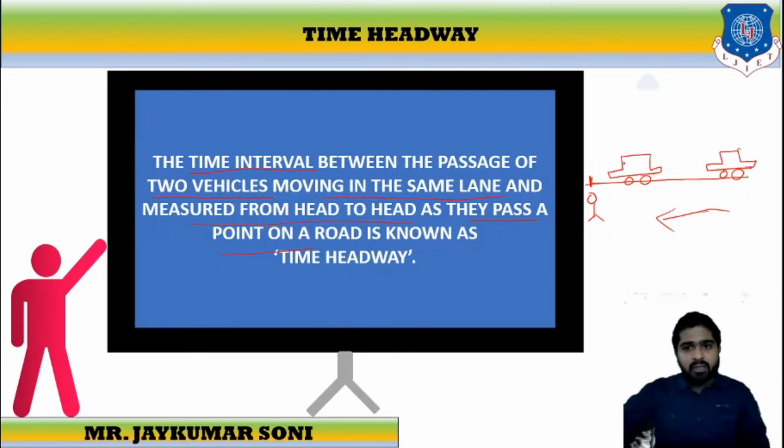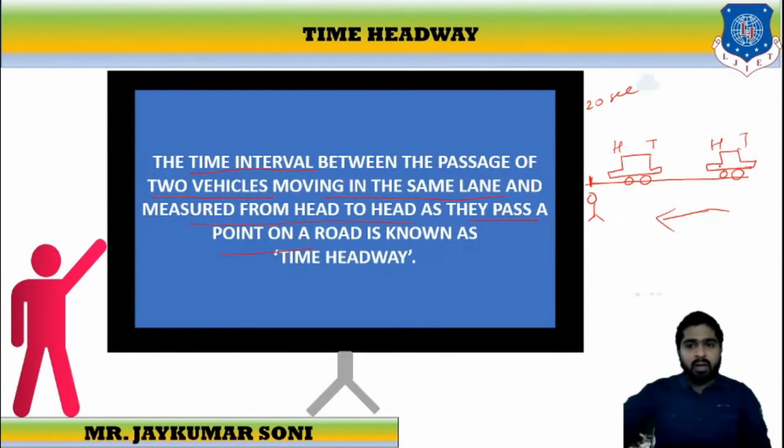This is called the head part of the vehicle, and this is the tail part. This is again head, this is tail. When the head of the vehicle crosses this point, I will note down the time, say 20 seconds.